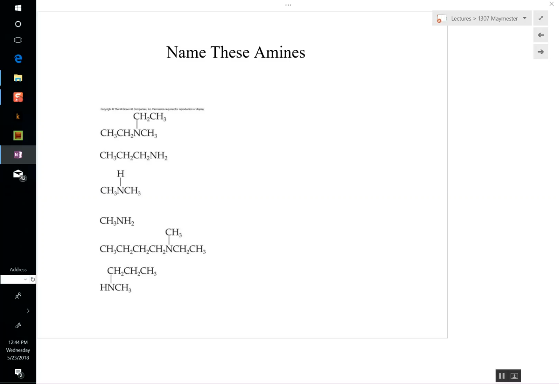I just made the molecule a little bit bigger, and now I got a methyl group on the nitrogen, I got a methyl group on the chain, so now name that molecule. Can everybody see it?